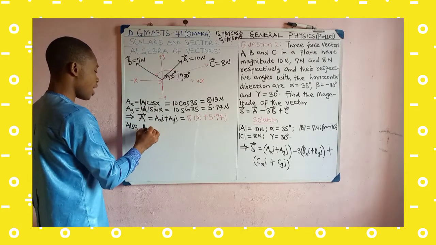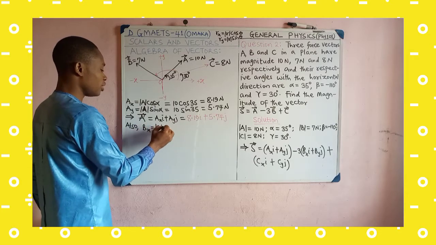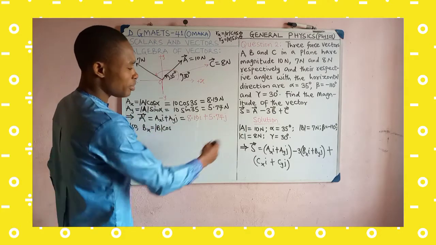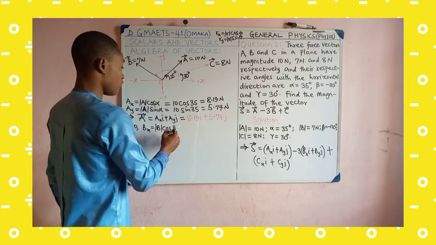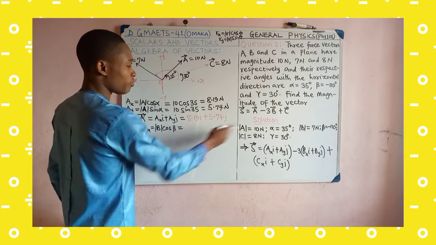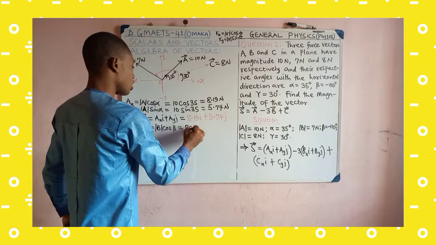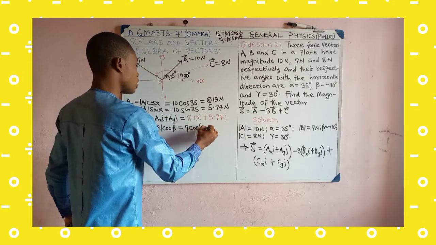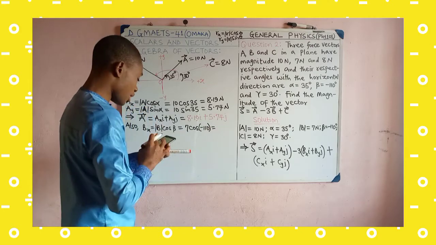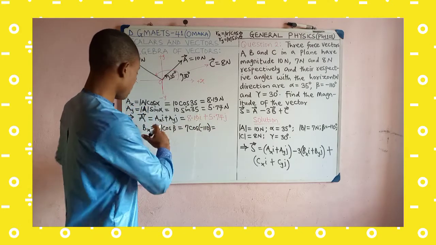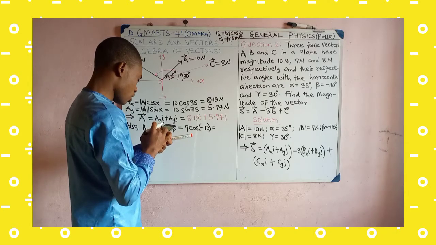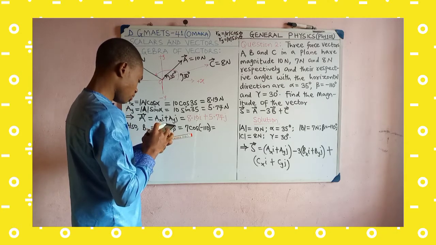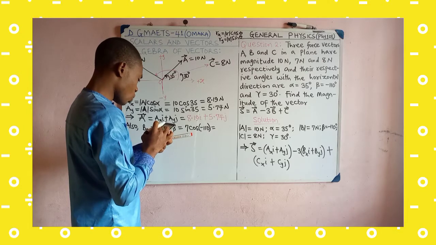So we're going to have Bx, which is magnitude of B cos the angle that B made. And the angle that B made is beta. Is that okay? If you work on that, you're going to get magnitude of B from the question is 7 Newton. Cos beta, that is cos minus 110 degrees. So let's see what we get from here. We are working on Bx. Is that okay? That is 7 cos, open bracket, minus 110.